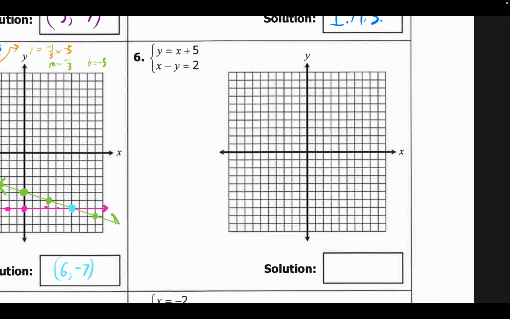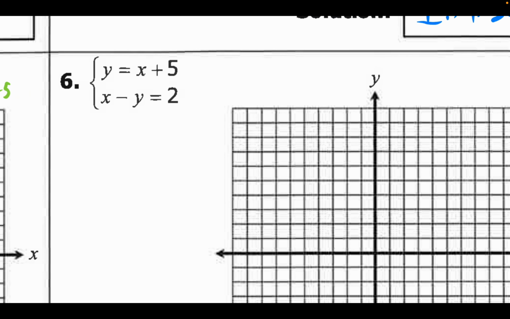Looking at number 6, the first equation is already solved. Good for me. So I'm going to make my slope as 1 over 1. My b is 5, and I'm going to go ahead and graph. And I need to start solving this other one, so I start by subtracting x. I get negative y. Remember, this negative stays with the y. We don't add x because the x is positive, the y is negative.